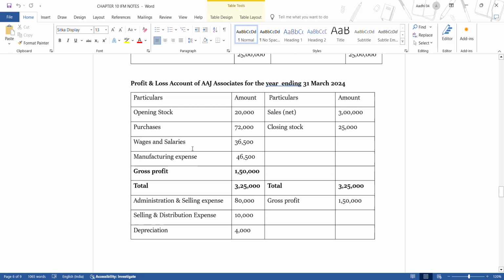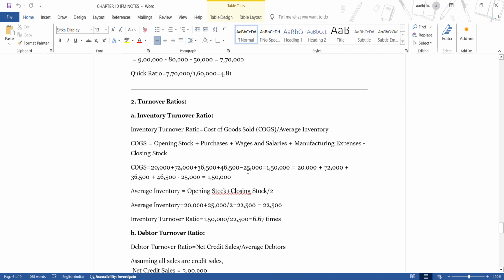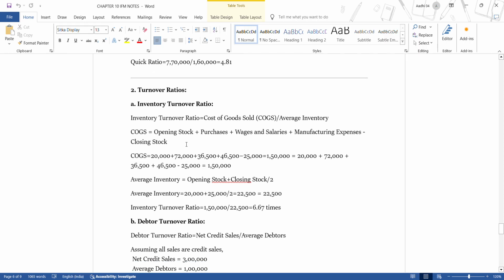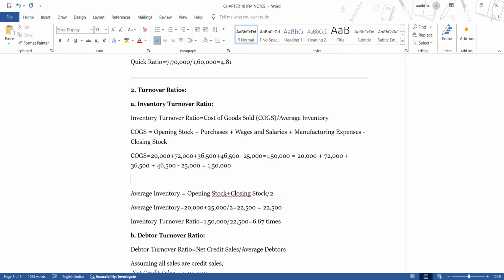Sales is 3 lakh minus gross profit, that is 1,50,000. That equals 1,50,000.